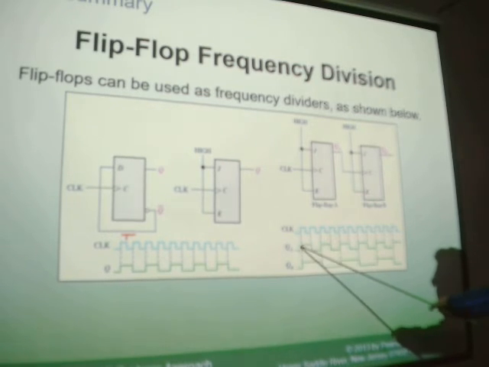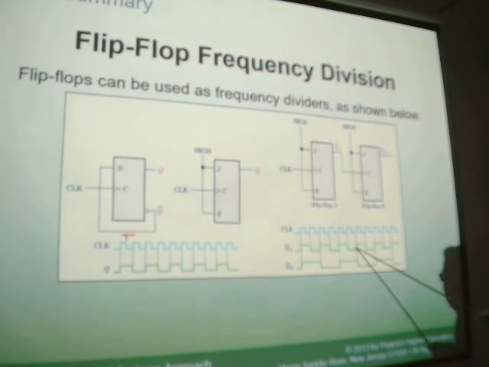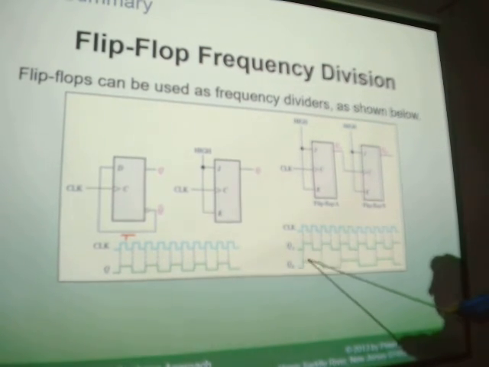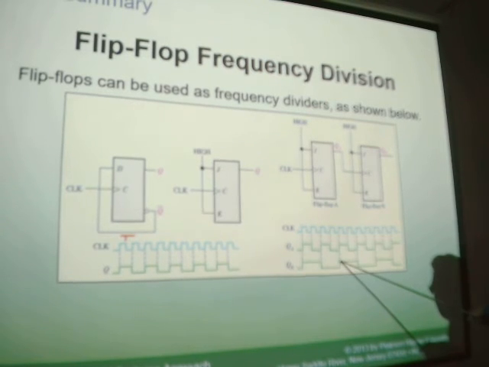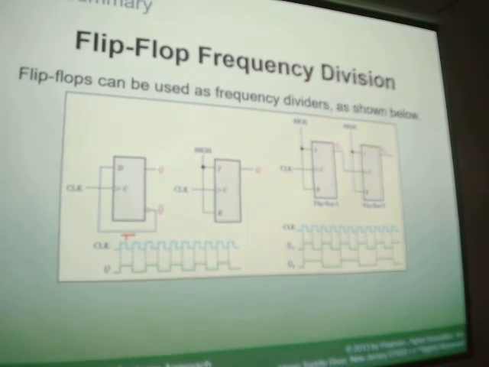So on each positive edge, the value will go from 0 to 1, 1 to 0, 0 to 1, 1 to 0, right?